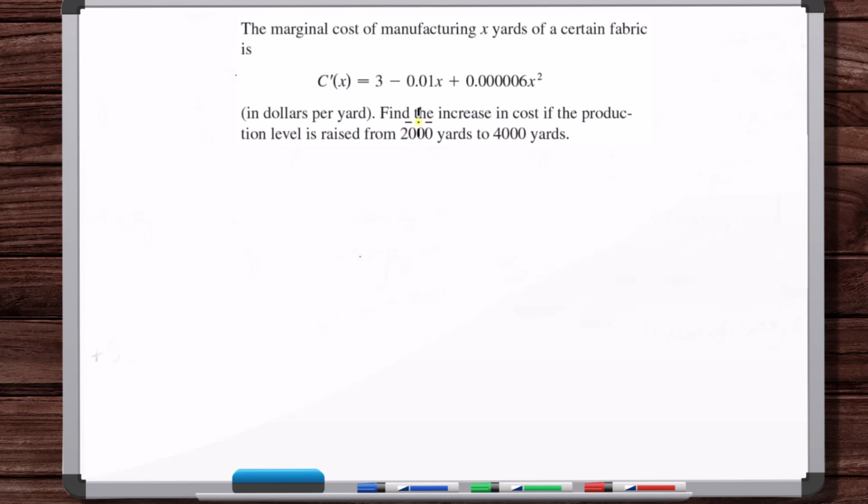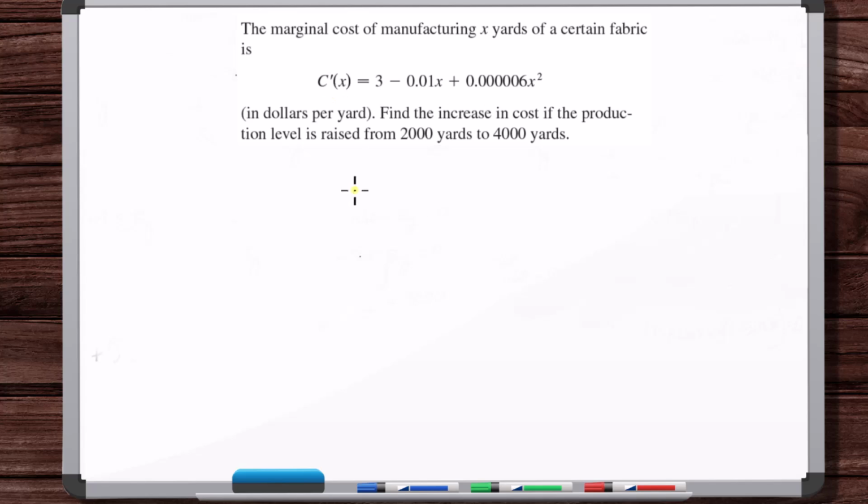So the question is asking, find the increase in cost if the production level is raised from 2,000 yards to 4,000 yards. So the increase in cost. The cost is the quantity here, right? That's the dollars spent to manufacture, the cost of manufacturing. So that's the quantity in this rate function.